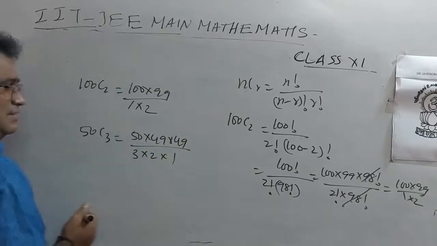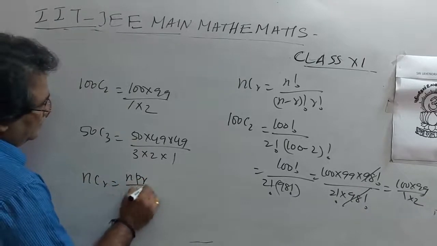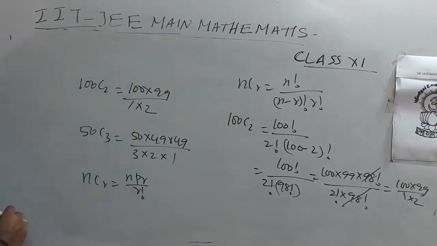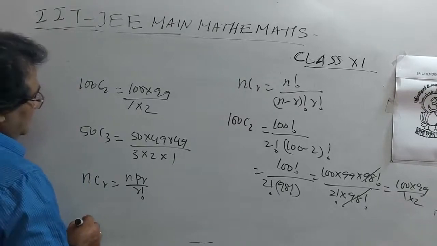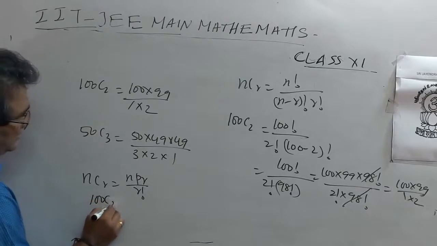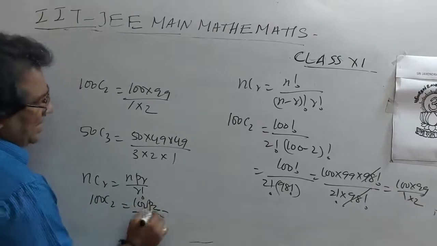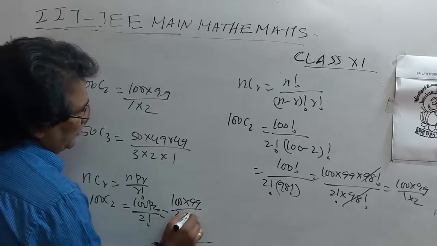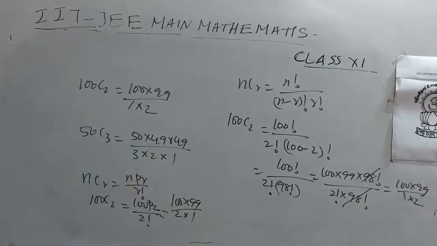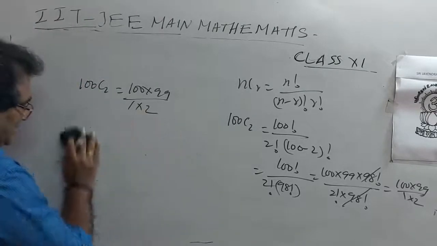The reason behind this, we note nCr equals nPr by r factorial. Suppose 100C2 means 100P2 by 2 factorial. 100P2 means 100 into 99. 2 factorial means 2 into 1. So in this method, you can calculate the value of combination results easily.